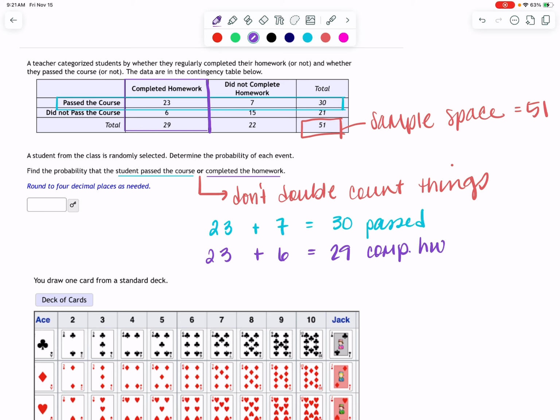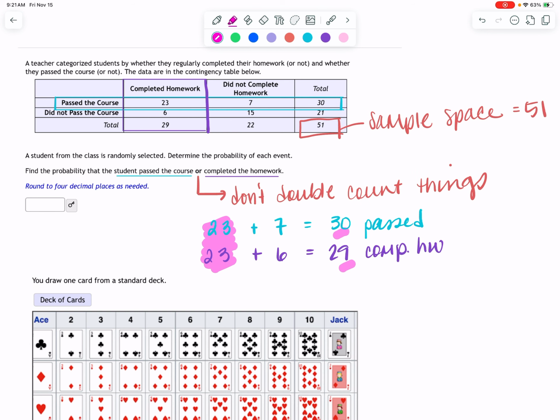Right here is what we mean when we talk about double counting things. That 23 got counted in the 30 and it got counted in the 29. So we've counted that group of 23 people 2 times. We only want to count it once.